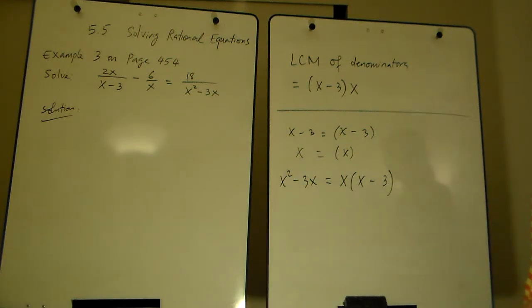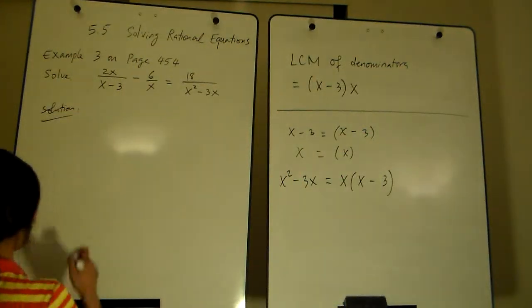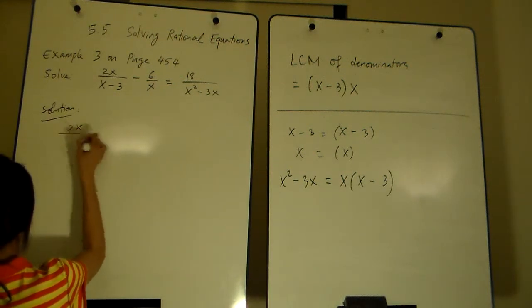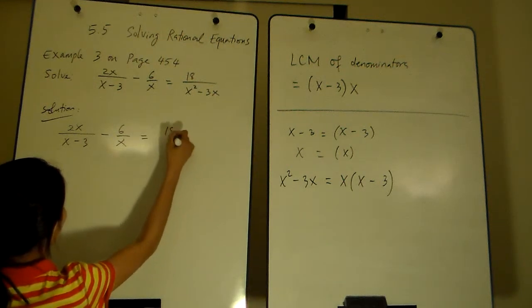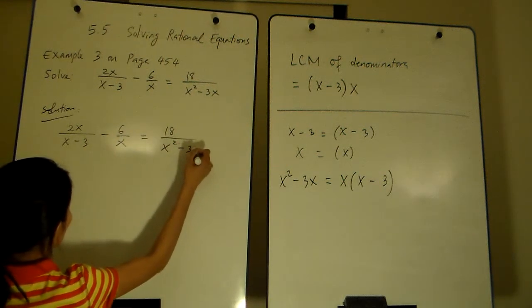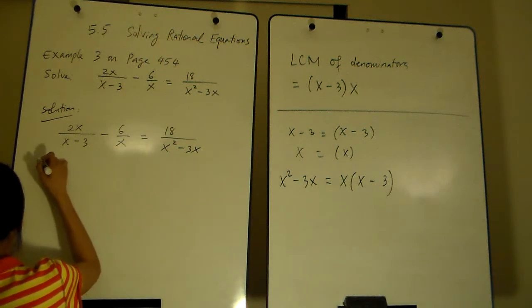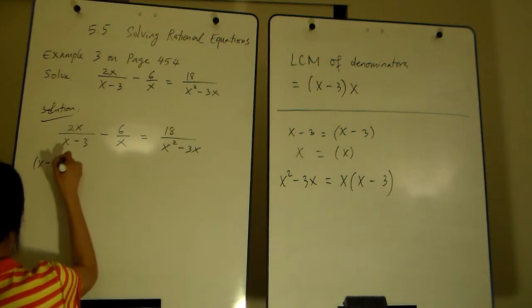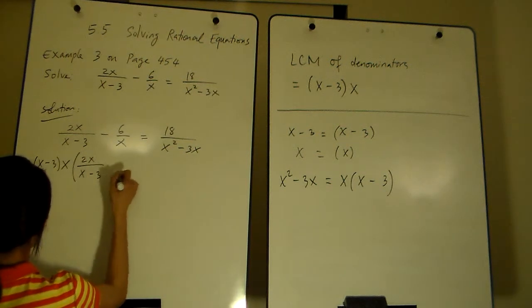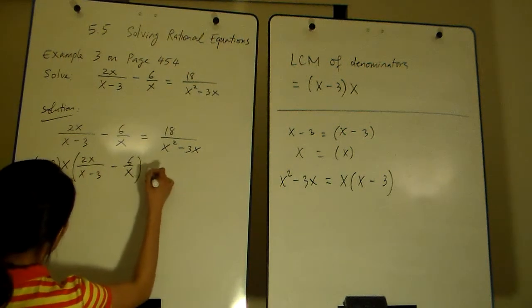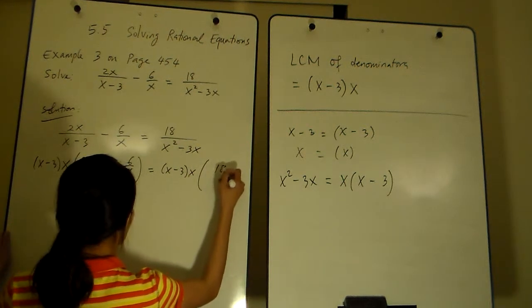Let's multiply this LCM to both sides of the equation. Rewriting the given equation, we'll multiply both sides by the LCM, which is x minus 3 times x: 2x divided by x minus 3 minus 6 over x equals, multiply the whole thing.